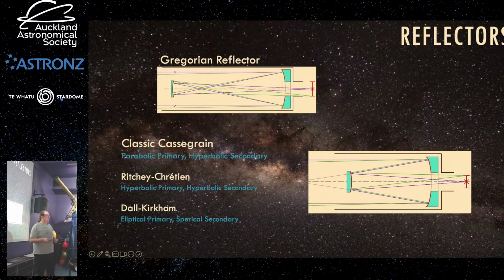And that's a Jones-Bird or Bird-Jones design, often used on cheap telescopes. But the design itself isn't actually bad. That design uses a spherical mirror in a Newtonian like this, but also has a corrector, which is essentially in the eyepiece that will correct for the spherical aberrations.